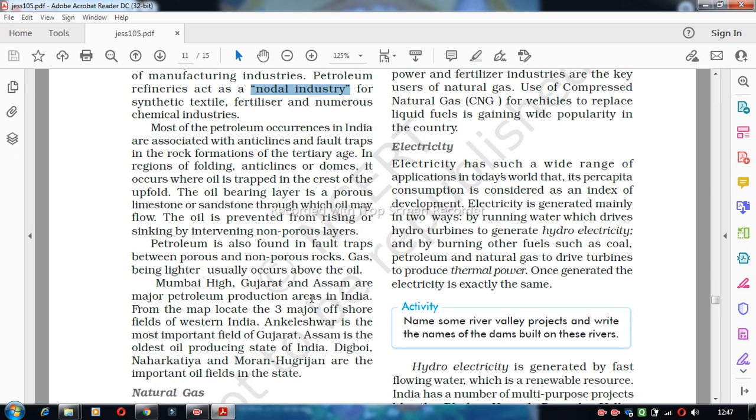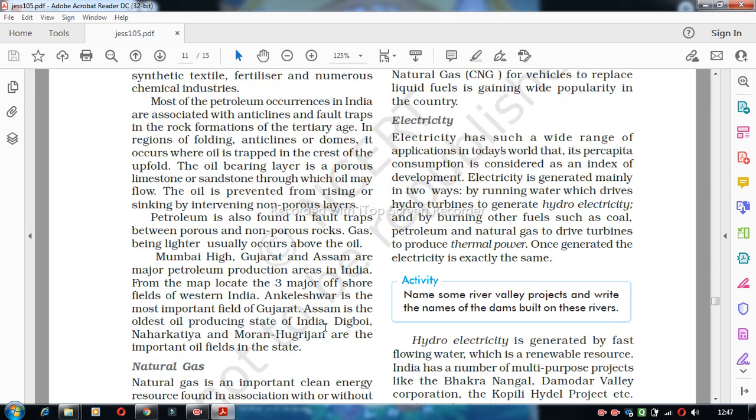Next, electricity. Electricity has such a wide range of applications in today's world. Its per capita consumption is considered an index of development.